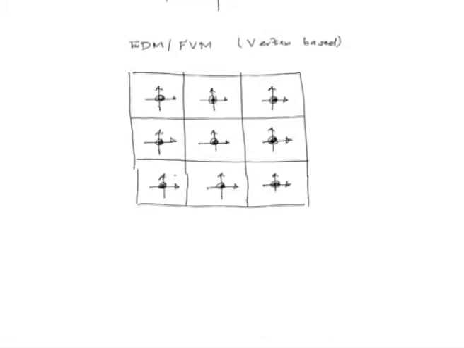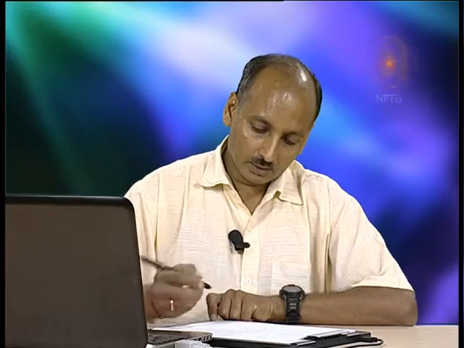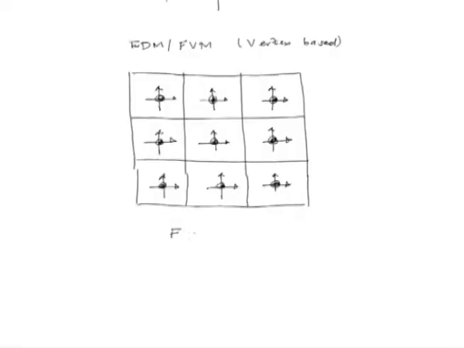The situation is a bit more complicated in the case of finite elements, though theoretically. So, this again is our FDM or FVM cell centered co-located grid.